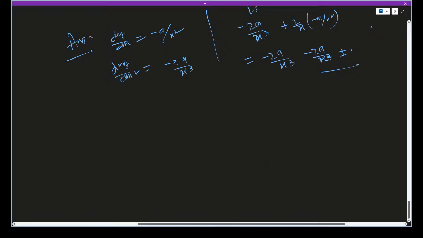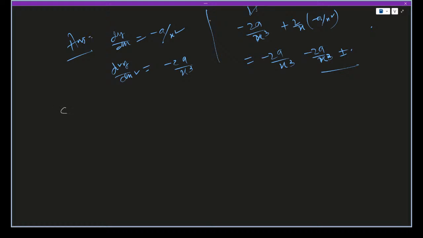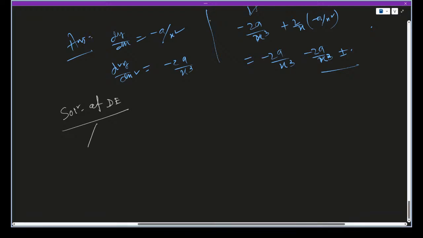Now, next I am going to discuss solution of differential equation. It is there in your syllabus, and this will be done by separation of variables. Only this method is there in syllabus, no other topic you need to go through. Just we are going to solve some differential equations like this.